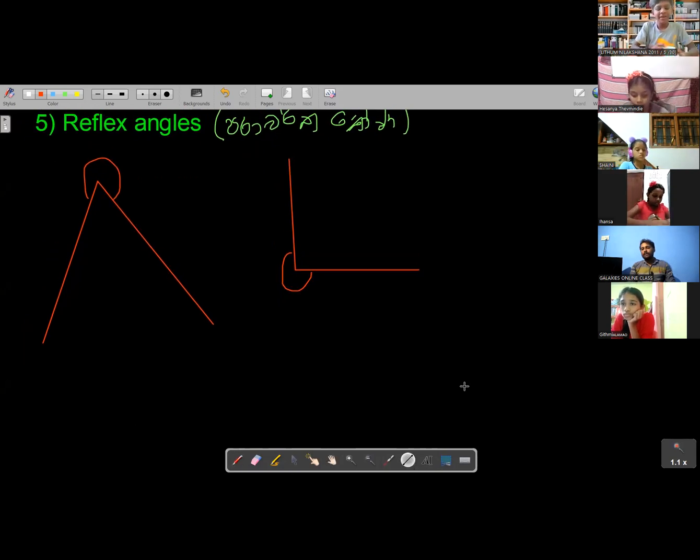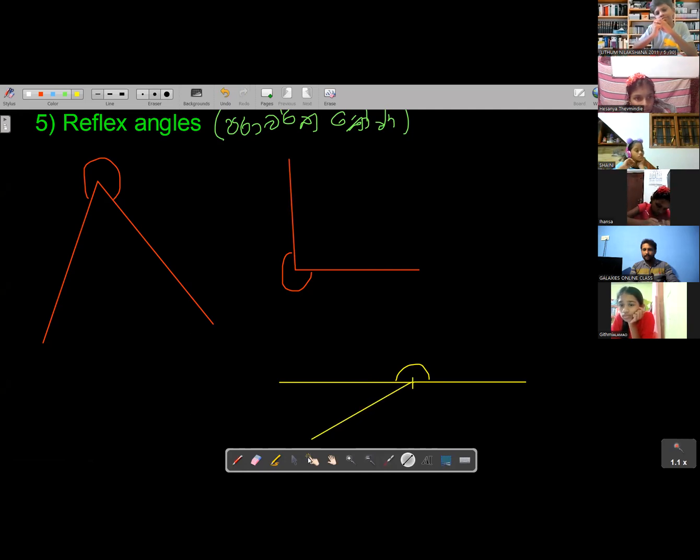Look, I will draw the arm. Okay, that's the one arm. Then if I draw the other arm like that, this angle, what's the name? Straight angle, no? That's the magnitude of the straight angle. Then if I draw this arm here, right?